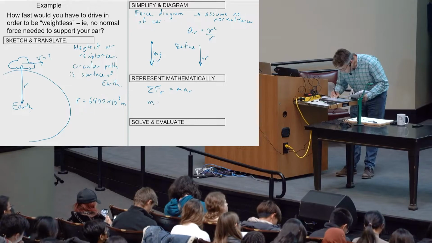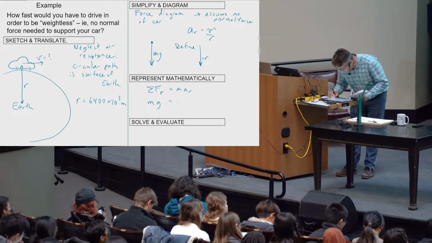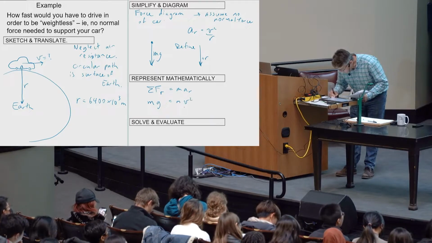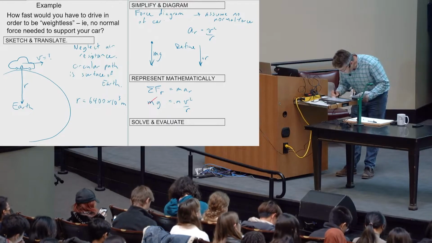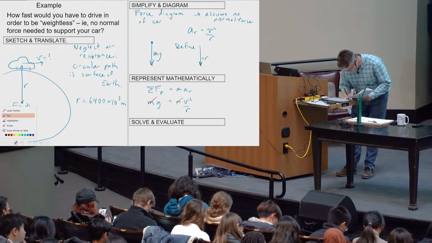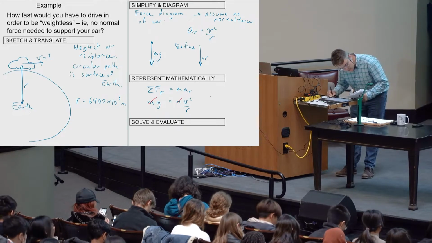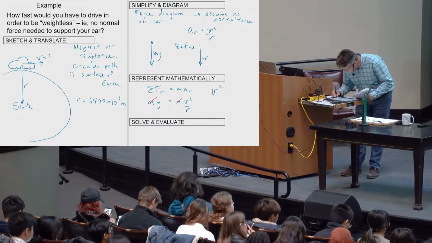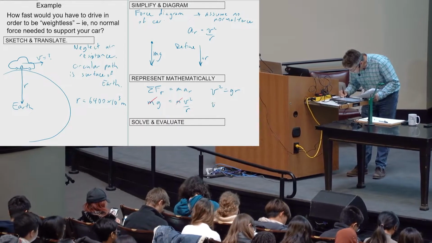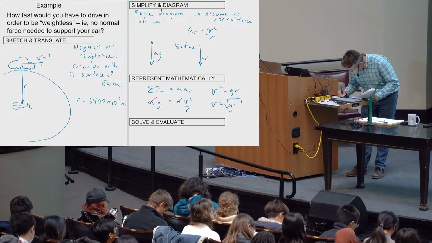So it's just mg, the only force, is equal to mv squared over r. The m's cancel, so it doesn't matter how massive your car is, there's going to be a particular speed. And it is v squared equals g times r, so v is equal to the square root of g times r.